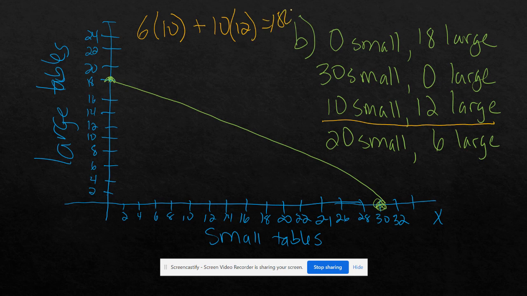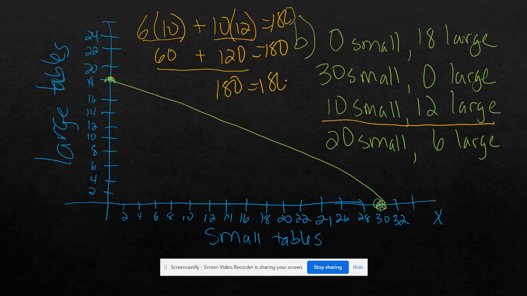And they would have to equal 180 people. 6 times 10 is 60. 10 times 12 is 120. 60 plus 120 is 180. And so, yes, it does check out that we read our graph correctly, and that is a possible solution.